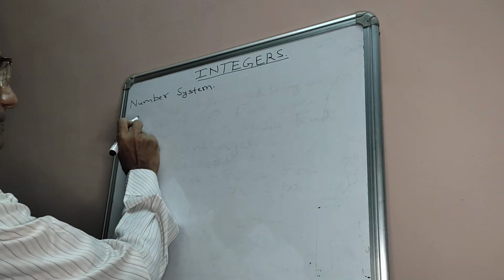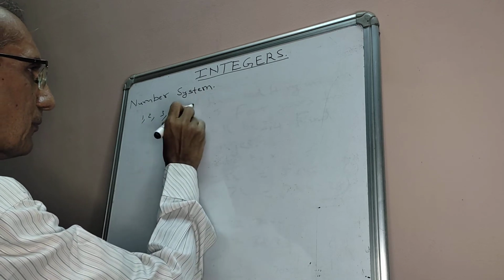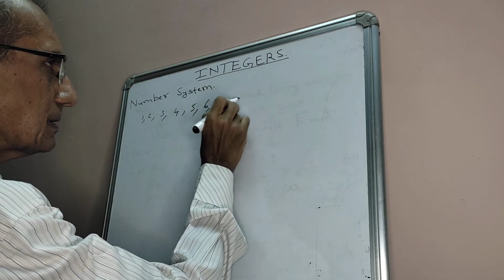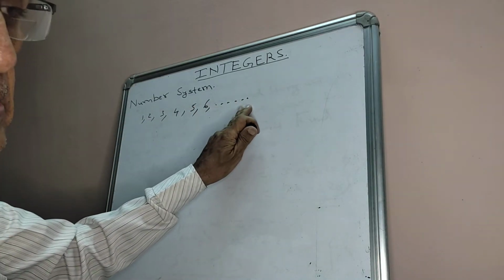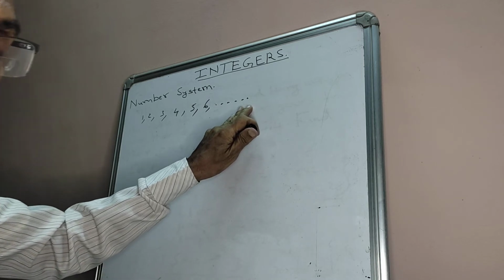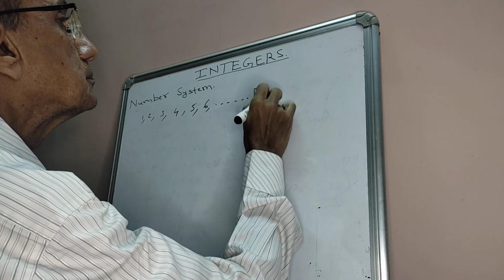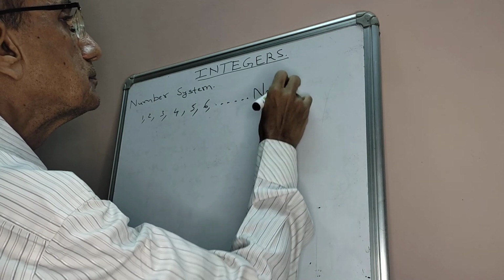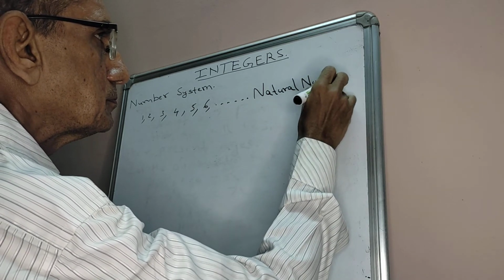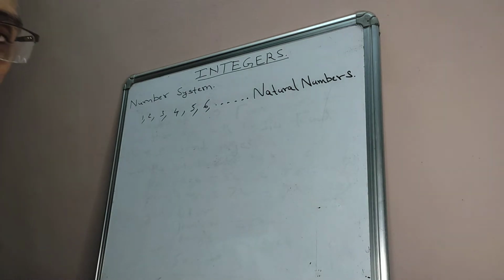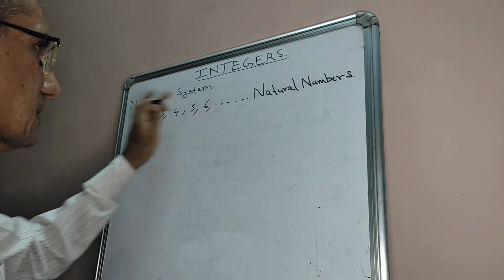These counting numbers are also called natural numbers. This is the first category under the number system.